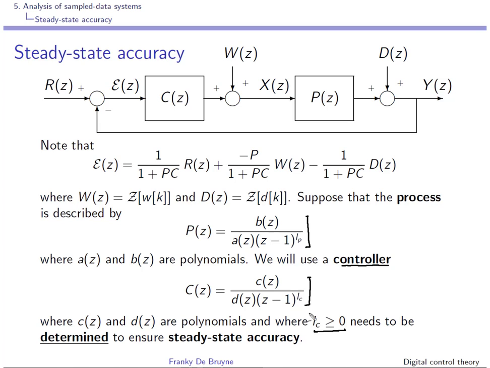So this quantity here, LC, that we'll call the type number of the controller, needs to be determined, and it will influence steady state accuracy. And so what we'll do now is have a look at how you should choose this LC in order to have steady state accuracy, first in set point tracking and then for load disturbance.